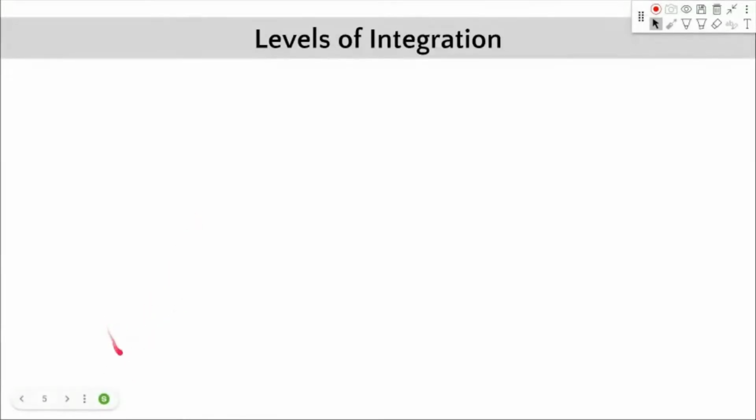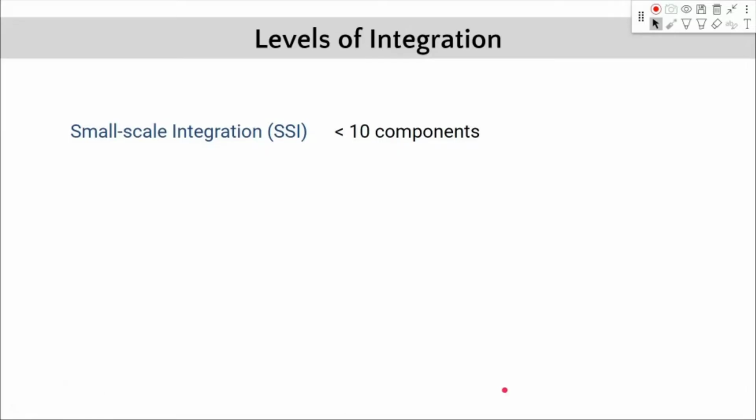Now, coming to levels of integration, I remember somebody had asked this in class earlier. By integration, we mean how many components or how many gates we can compact on a particular chip, on one particular platform, right? So the very basic one is called small scale integration, SSI. It has less than 10 components.